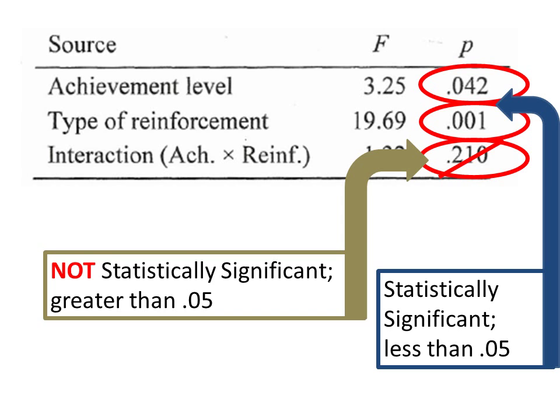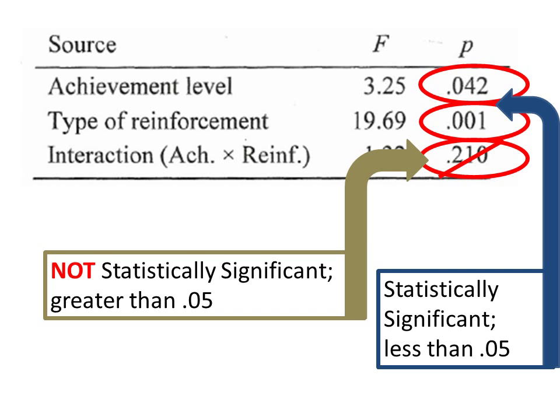The probabilities shown in this particular table indicate whether there is significance. If we look at the main effects, we have the achievement level and the type of reinforcement. Both are statistically significant because the values of P, as you can see circled in red, are both less than 0.05, the most commonly used level for rejecting the null hypothesis.